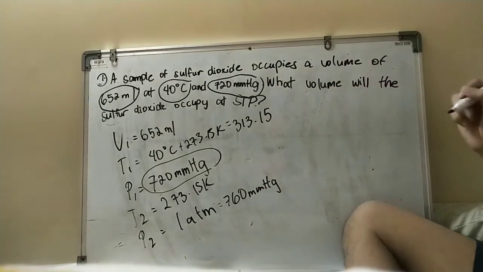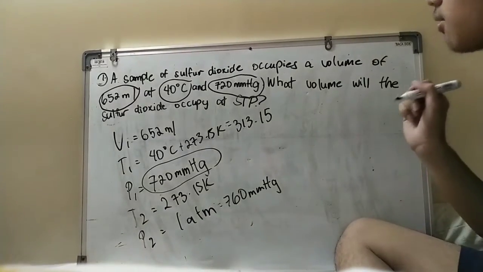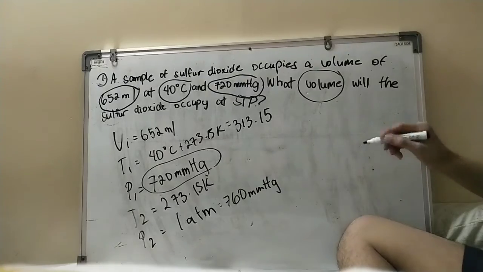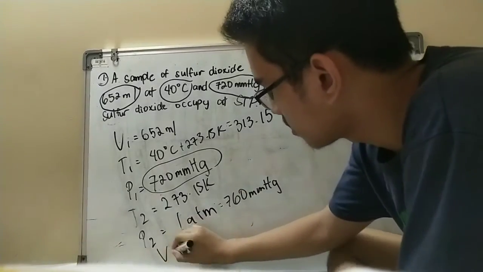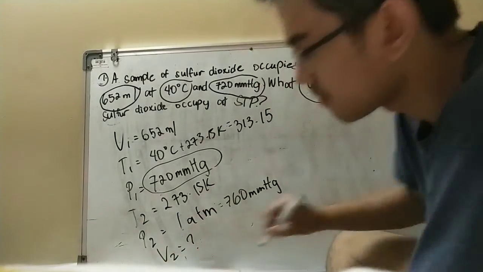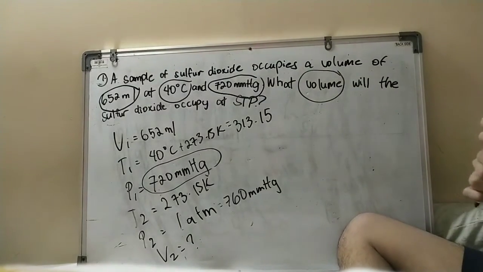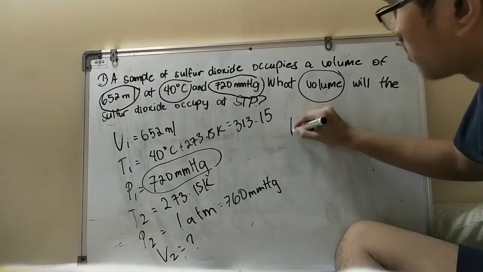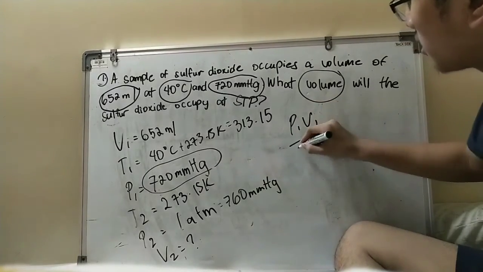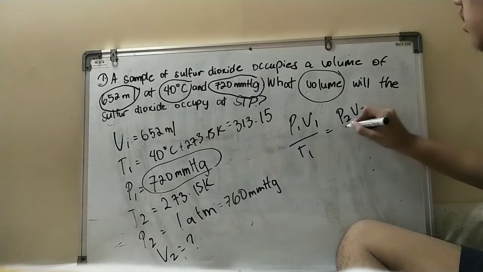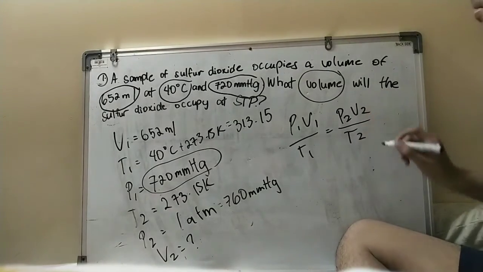Let us now identify what we are finding in this equation. We're finding the final volume. Now, what we need to do next is to write the formula, which is P1V1 over T1 equals P2V2 over T2.